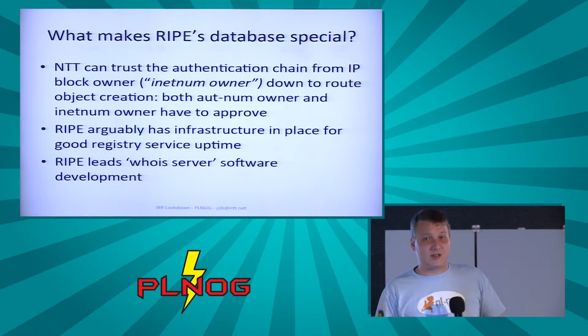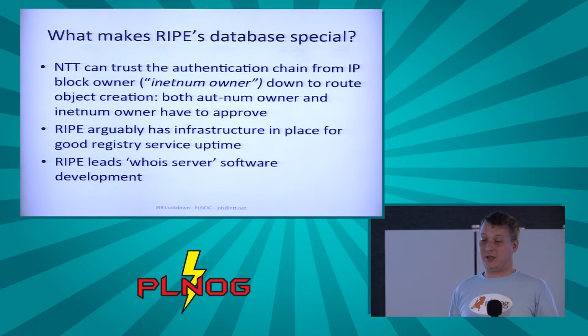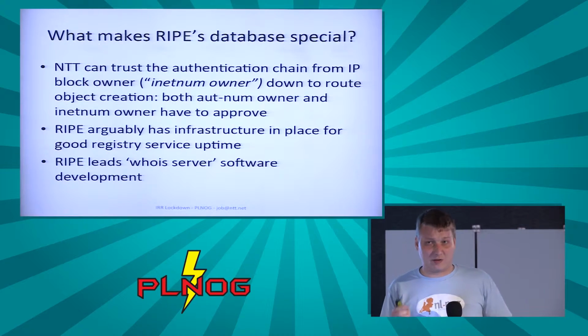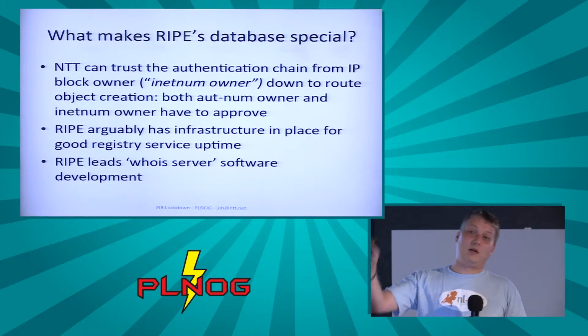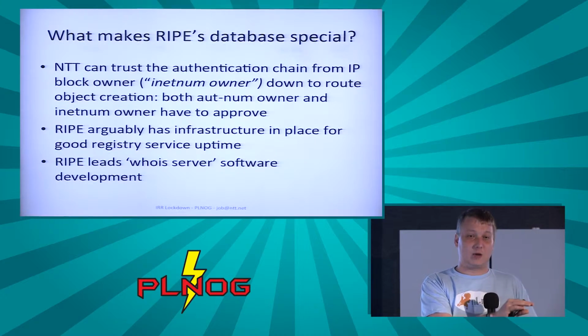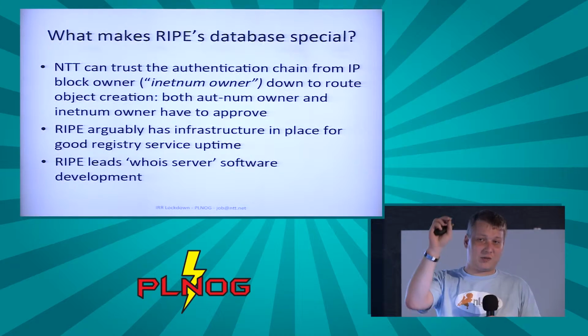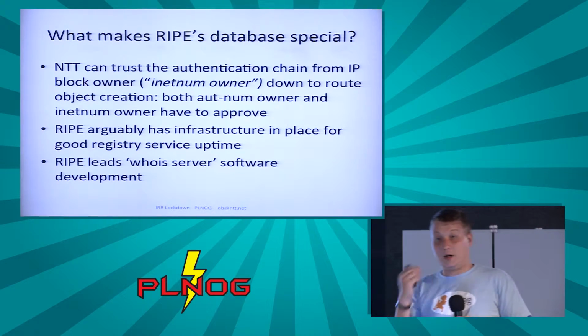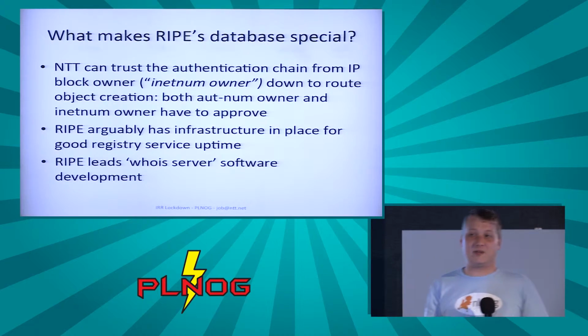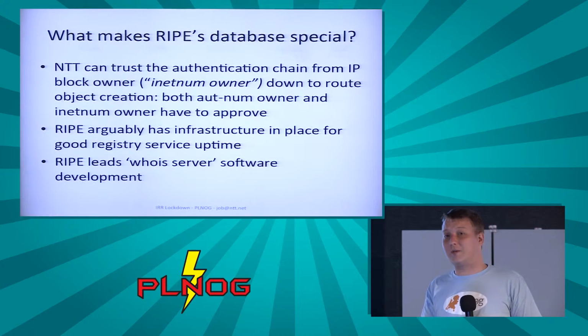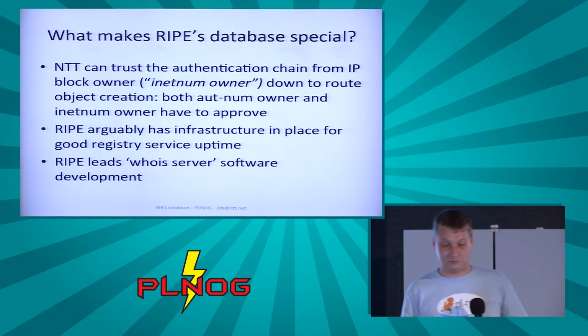And in this regard, RIPE is a very special database, because in RIPE's database, the owner of the IP block and the authority to create route objects, there is a chain of trust between those. In other words, for route objects in the RIPE database, I have very strong guarantees that the owner of the IP space actually approved this route object.